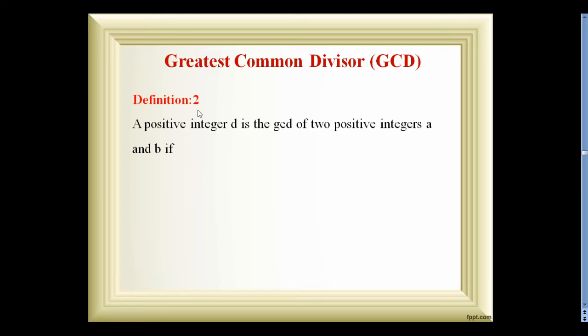Definition 2: a positive integer d is the GCD of two positive integers a and b if the first condition is that d divides a and d divides b.